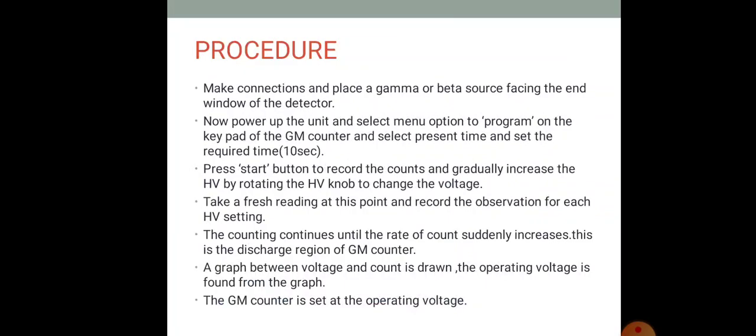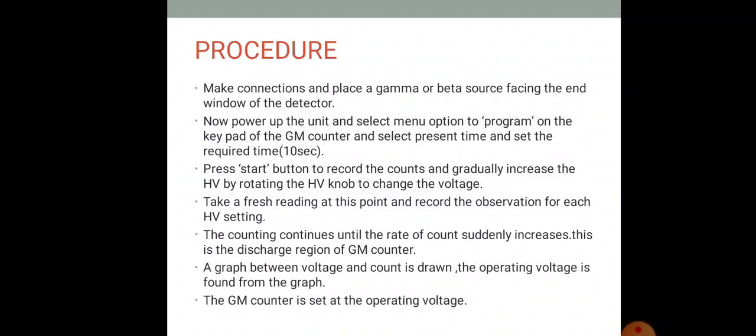The procedure is, first of all, make the connections and place a gamma or beta ray source facing the end window of the detector. This is to find the operating voltage. Now power up the unit, select the menu option to program on the keypad of the GM counter, select the required time, and press the start button to record the counts.